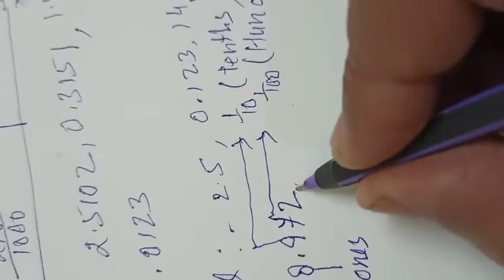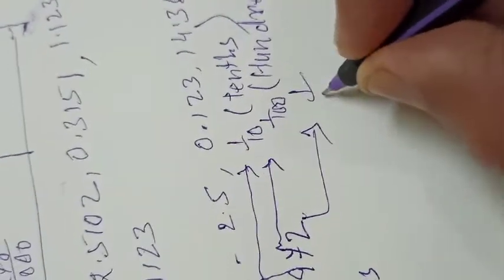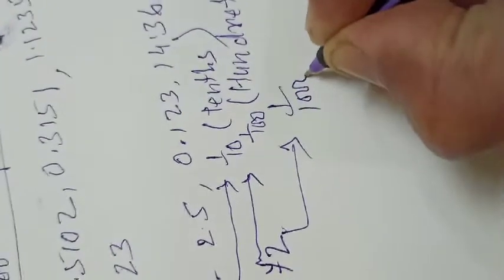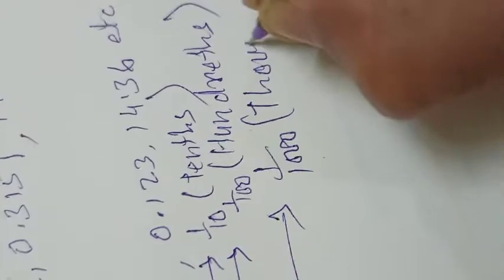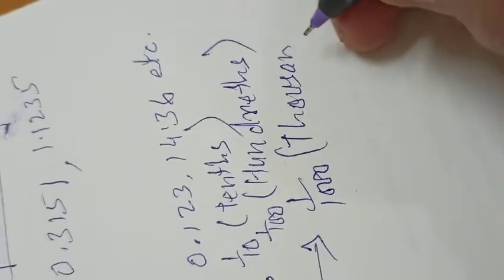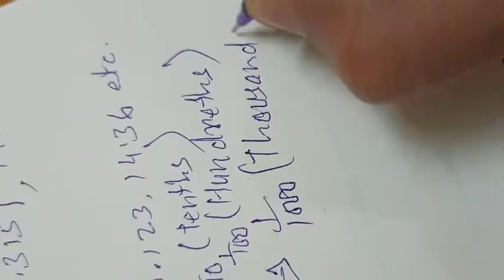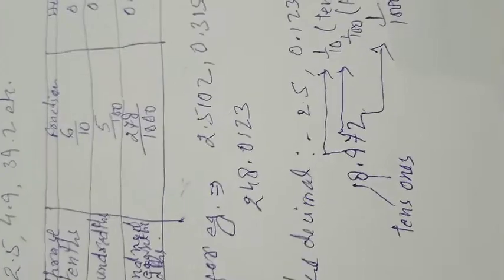Now 2 is 1 by 1000, that is the thousandths place. So students, you will revise decimals, like decimals and unlike decimals.